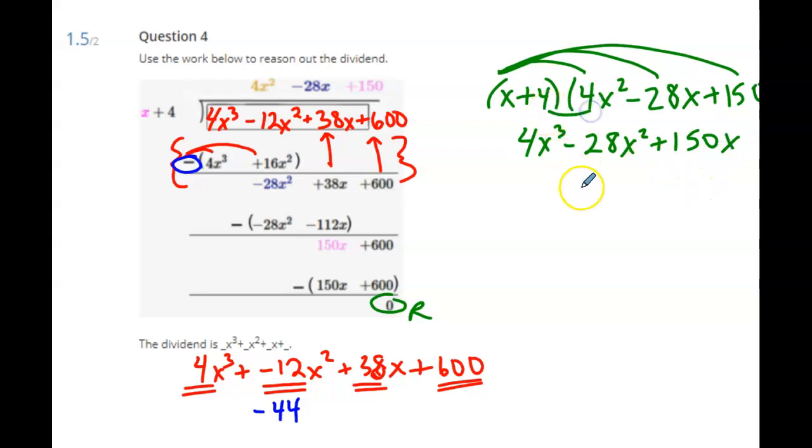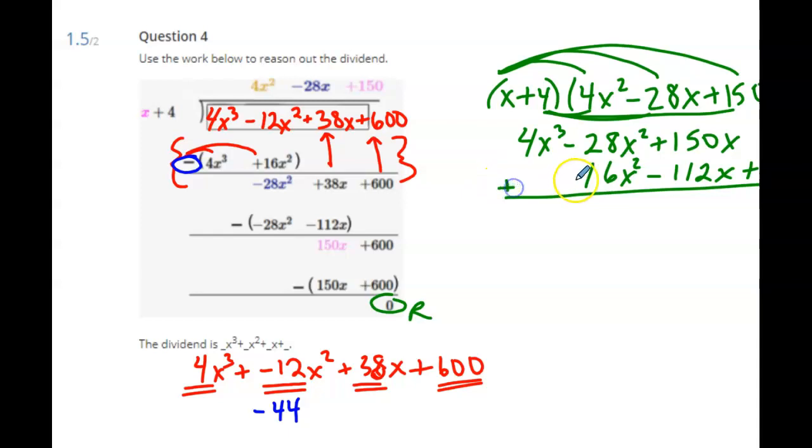Okay, then 4 times 4x squared is 16x squared. 4 times negative 28x is going to be a negative 112x. And then 4 times 150 is plus 600. Then we're going to combine our like terms. So 4x cubed plus 0 is 4x cubed. Then negative 28x squared plus 16x squared is negative 12x squared.